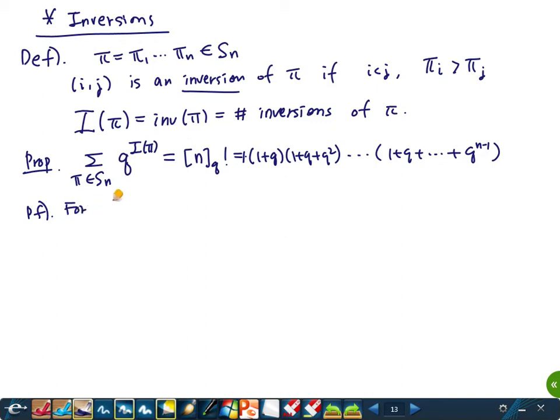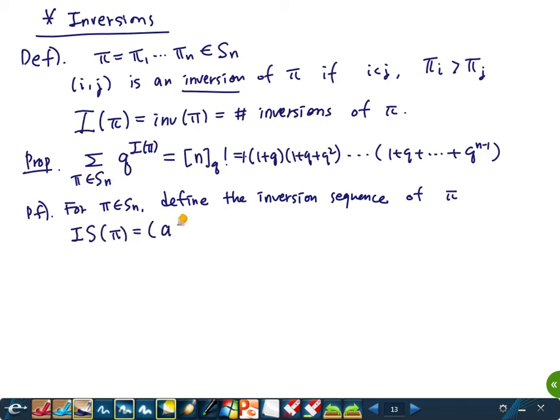For a permutation pi, define the inversion sequence of pi like this. Let's say IS for inversion sequence.